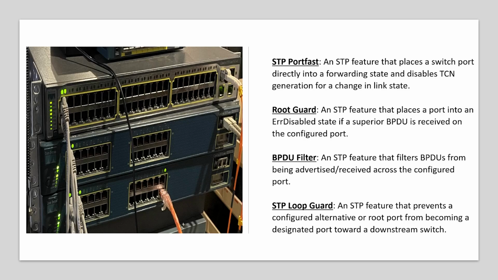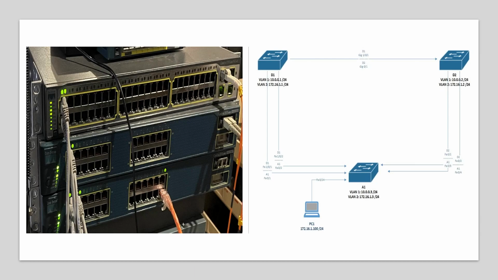BPDU filter, an STP feature that filters BPDUs from being received across the configured port. STP LoopGuard, an STP feature that prevents a configured alternate or root port from becoming a designated port toward a downstream switch. We've covered the basics for rapid spanning tree and spanning tree features.